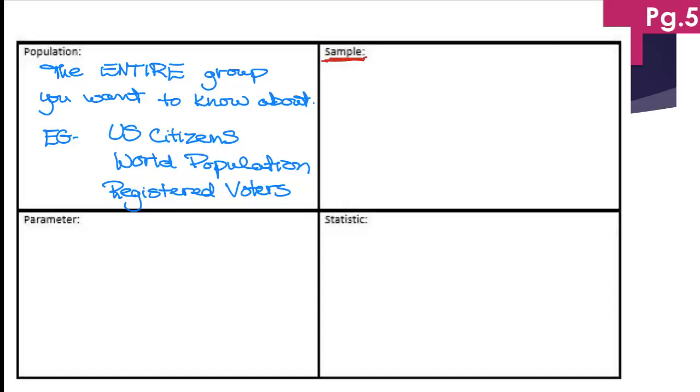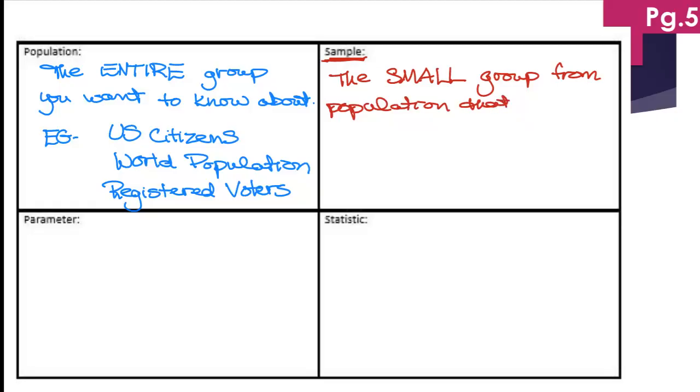So a sample is the small, and all caps on small, the small group from the population that is selected for research or study.